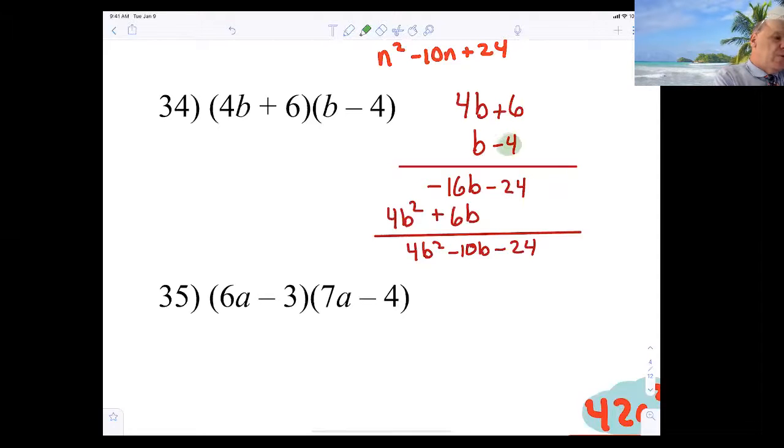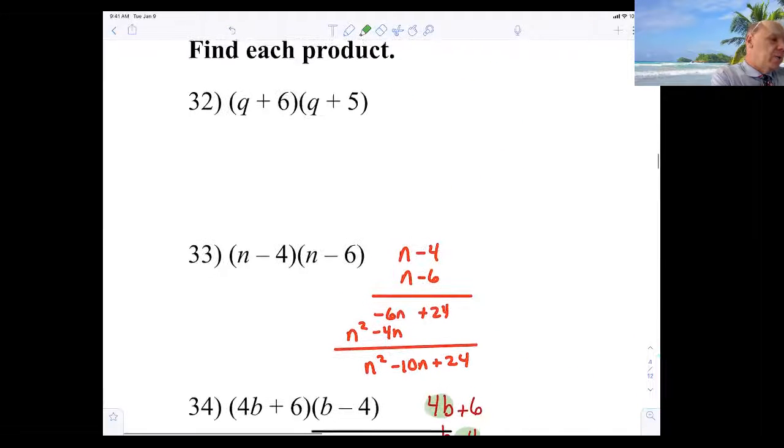It's negative 4 times 4b, right? There's no b with the 4. All right, here we go. 32, q plus 6, q plus 5.